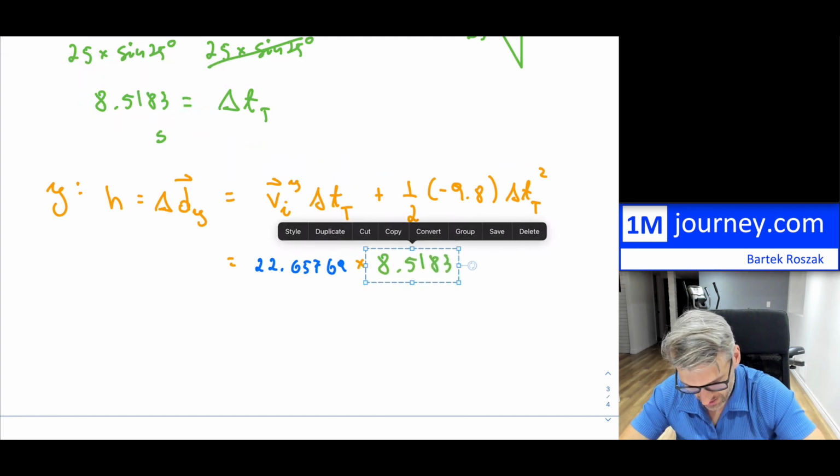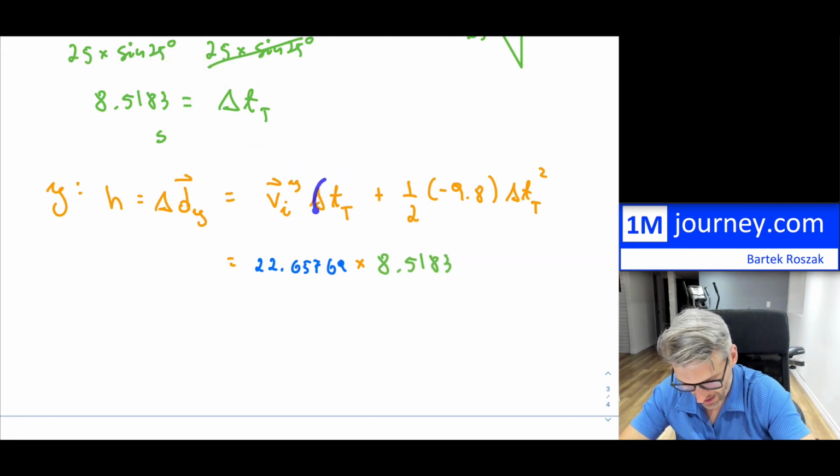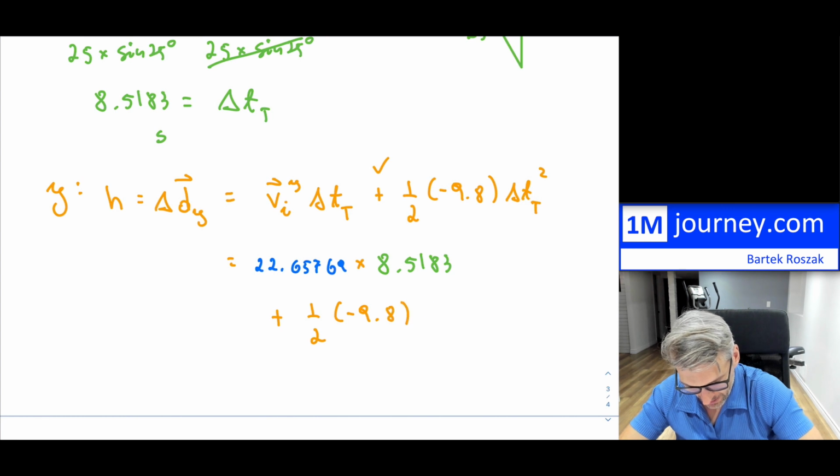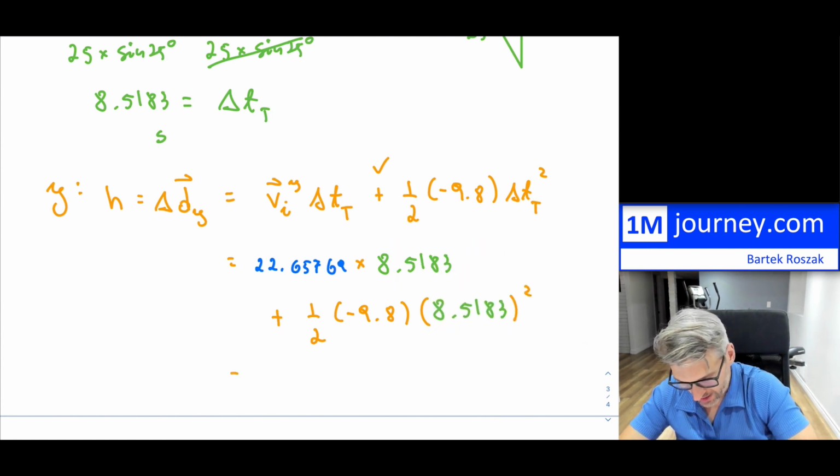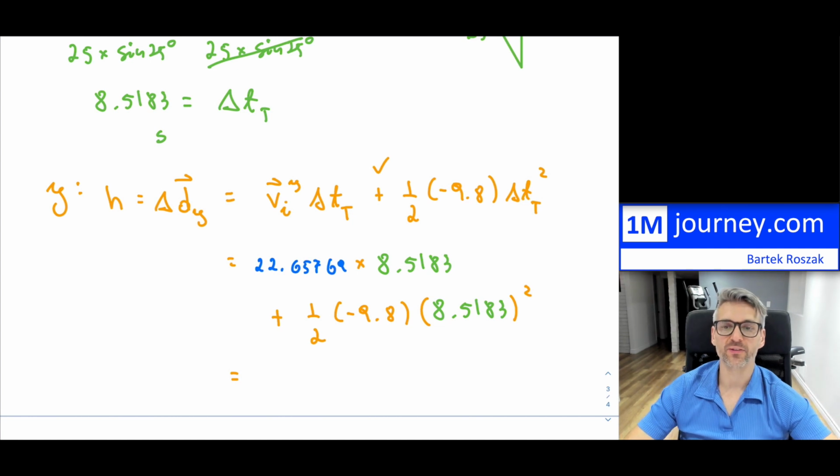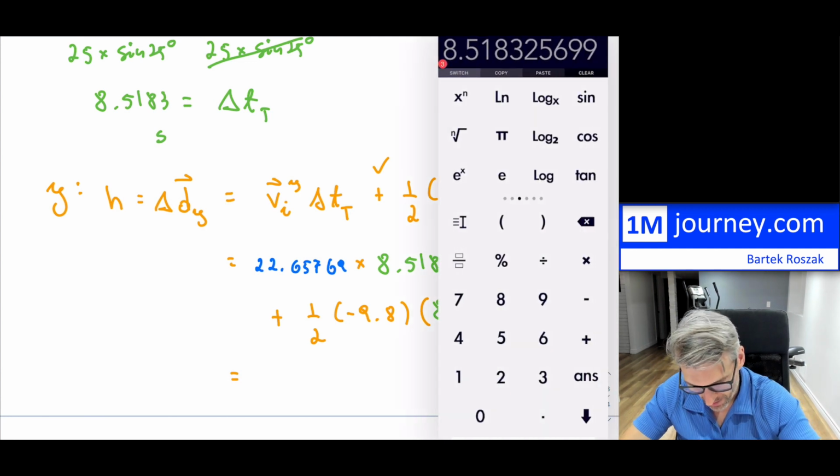That's times this. Now I'm going to just write below it, plus 1/2 times negative 9.8, and then we need the time, and we need to square it. And notice that's going to give us the total displacement that we have. So let's plug it all back in.